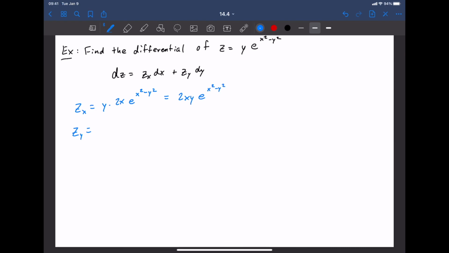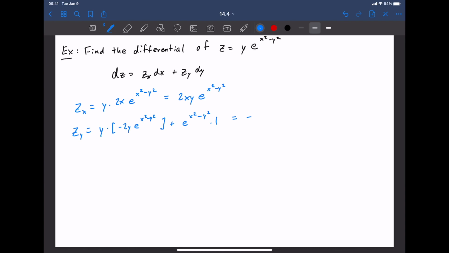With respect to y, we have to use the product rule: first times the derivative of the second. It's going to be negative 2y e to the x squared minus y squared, plus the second times the derivative of the first, or just times 1.